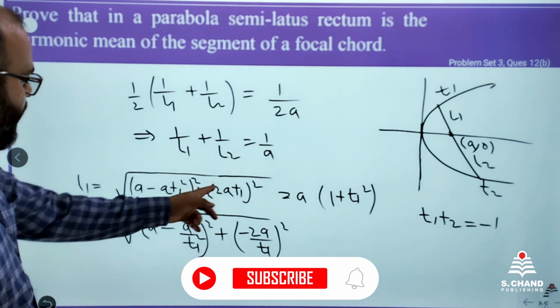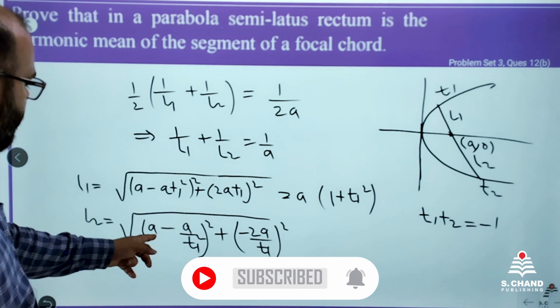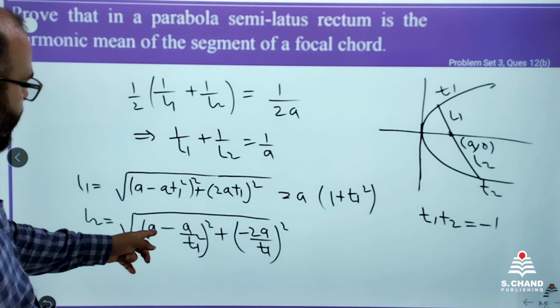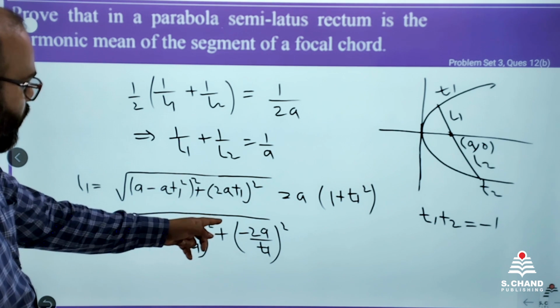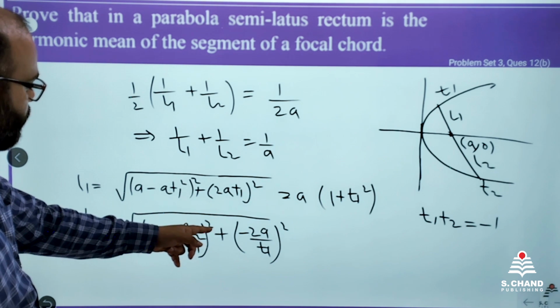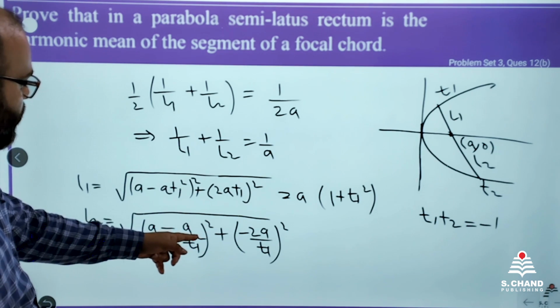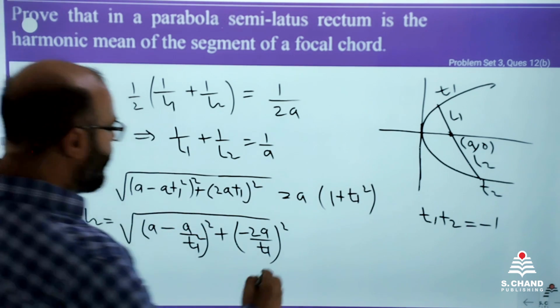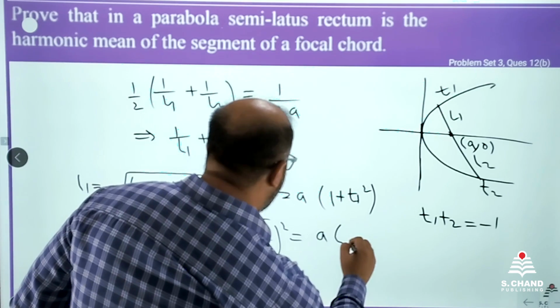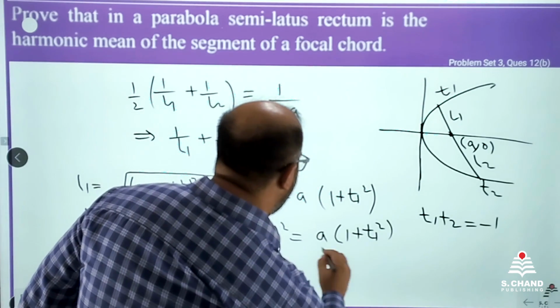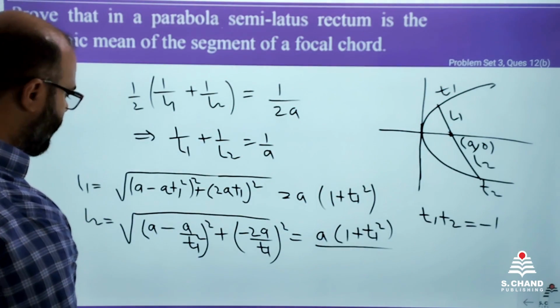And then we have made a perfect square here. Here again t1 square plus 1 minus 2 t1 square and 4 here. So this will become again a into (1 plus t1 square), but one thing more, in the denominator you are going to get t1 square.